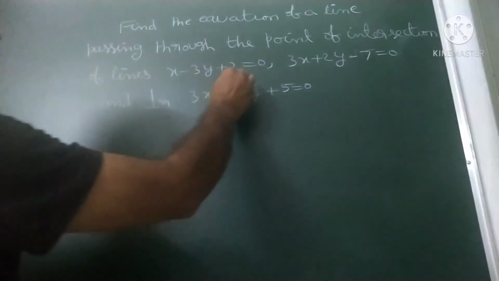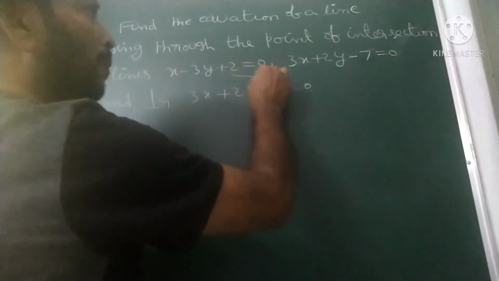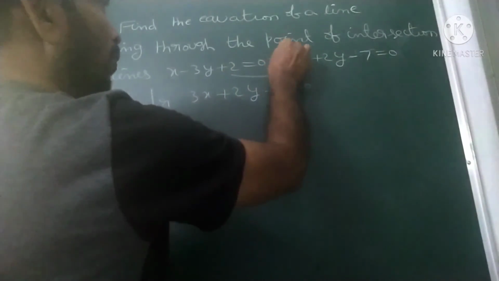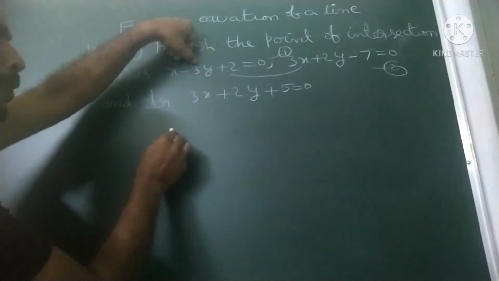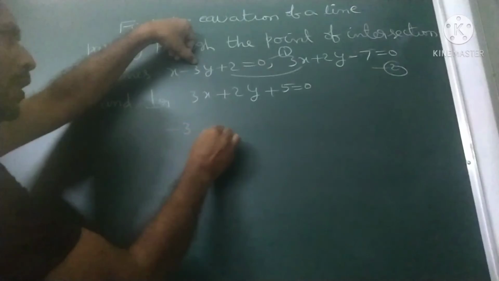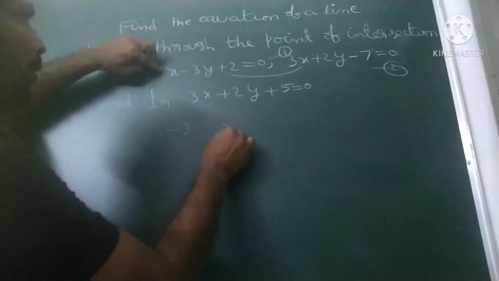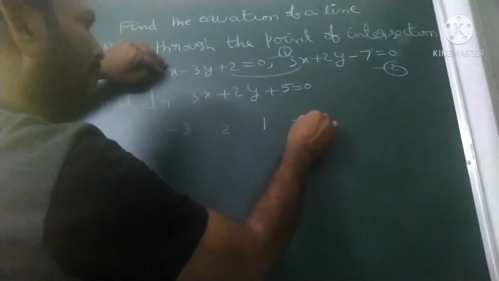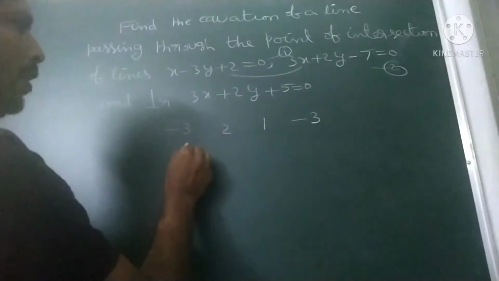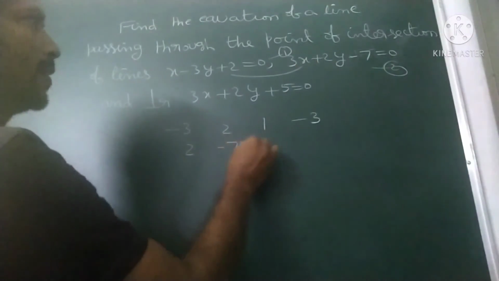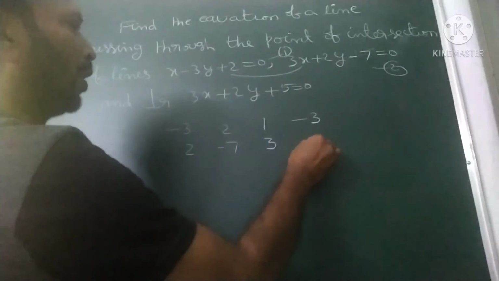Now first of all find the point of intersection of 1 and 2. Consider the coefficients: minus 3, constant 2, 1, again minus 3. Start from the y coefficient: 2, minus 7, 3, 2.